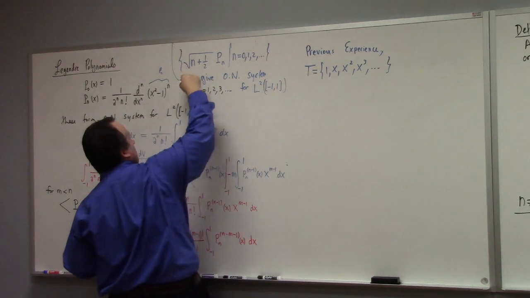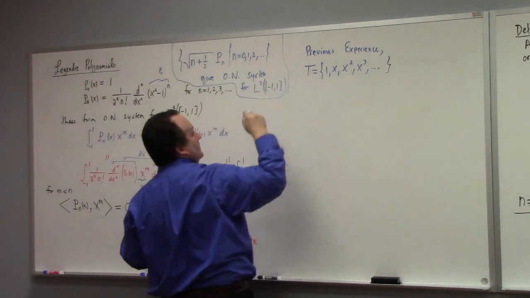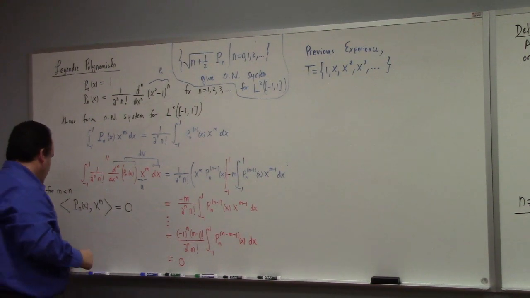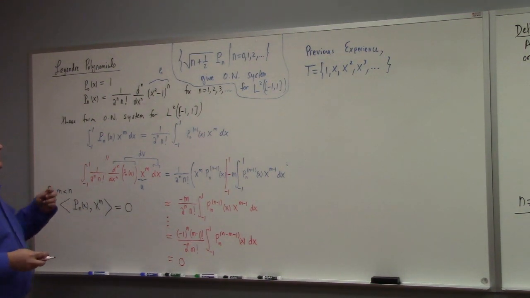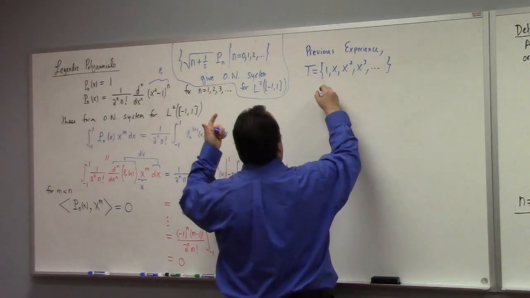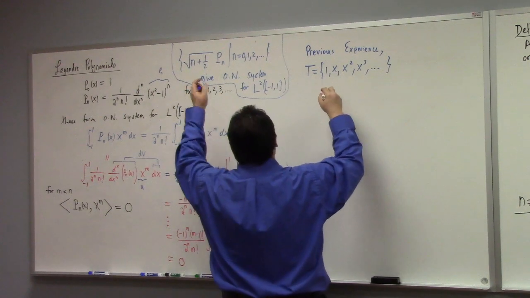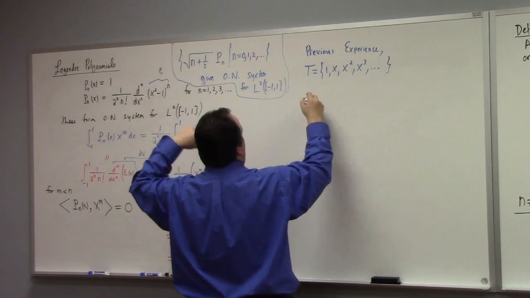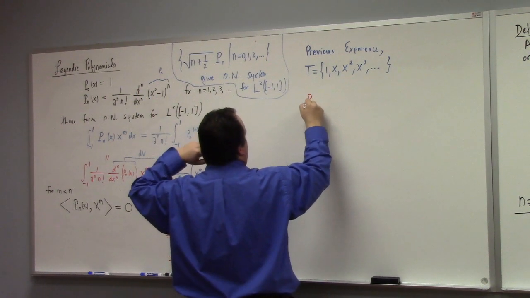All right, so let's see how that works for 1. For 1, if you plug in 0 rather. Let me call the normalized one, I need to give it yet another name, I don't know, p hat. There we go, p0 hat.